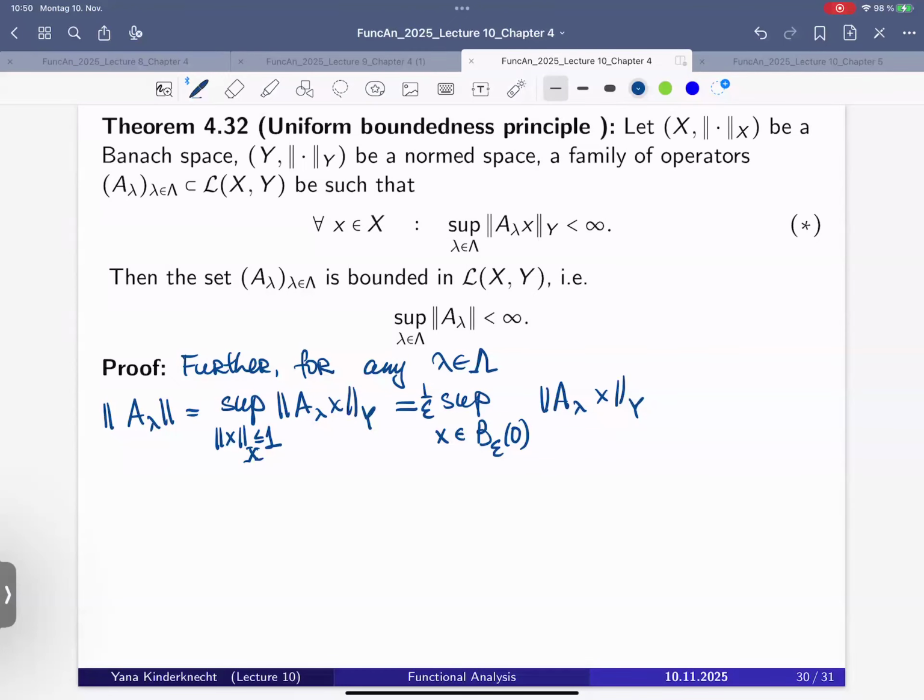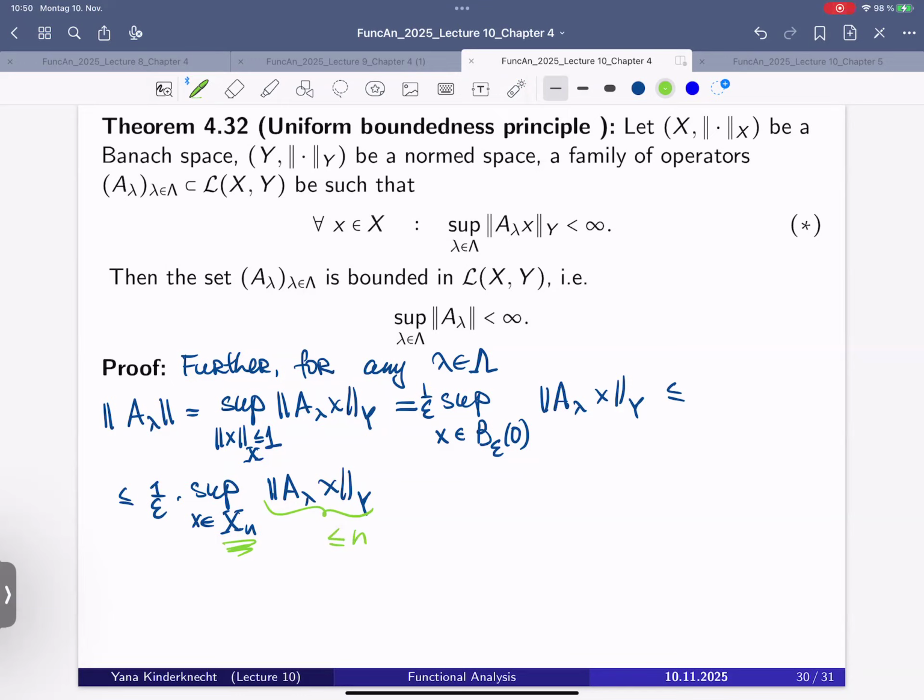Okay. And now this supremum is smaller or equal. So 1 over epsilon stays, and then this supremum is smaller or equal than the supremum over all x in X_n of the same expression, since this ball lies in this set, and this is a closed set, so even this ball lies in this set. But due to the definition of X_n, we know that this expression is smaller or equal than n.